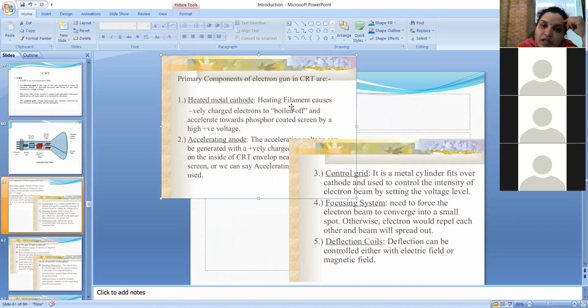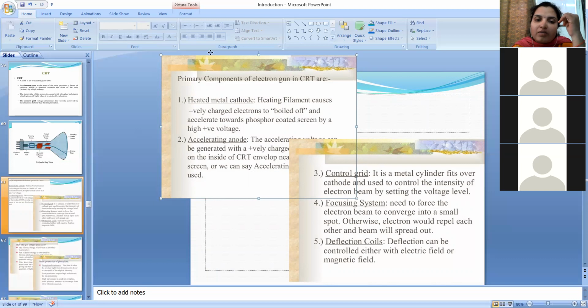So here the heating filament causes negatively charged electrons to boil off and accelerate towards the phosphor coated screen by high positive voltage. So the electron beam is directed towards the phosphor coating with high positive voltage.